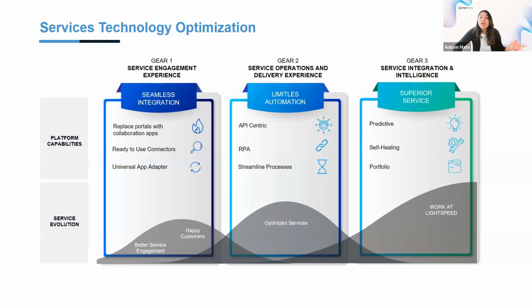This service improves and simplifies the operational and delivery operations of your processes. For example, you can automate departmental internal processes to allow your employees to focus on more value-added tasks, thus increasing their motivation. And the final service is Gear 3, service integration and intelligence.